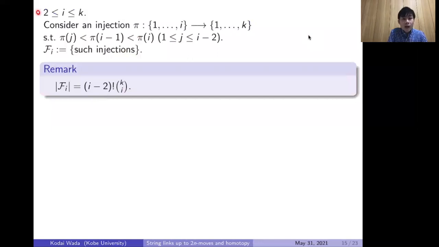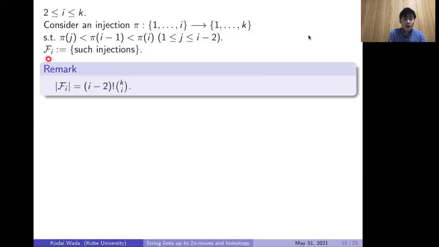Let i be an integer between 2 and k. Consider an injection pi from the set of 1 to i into that of 1 to k such that pi of j is less than pi of i minus 1, sorry, and it is less than pi of i, where j is an integer between 1 and i minus 2.